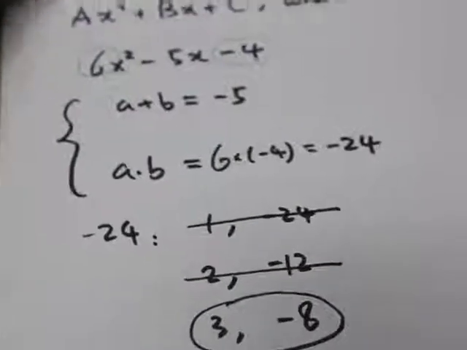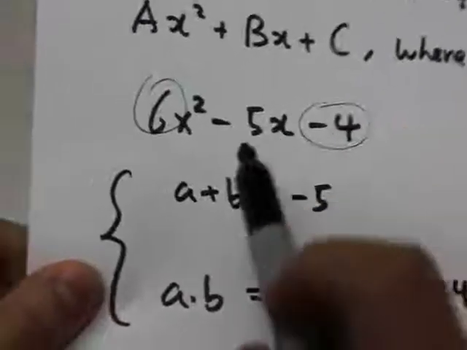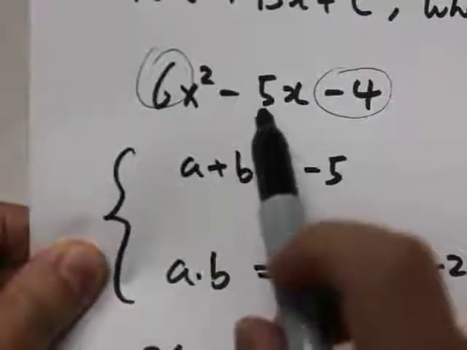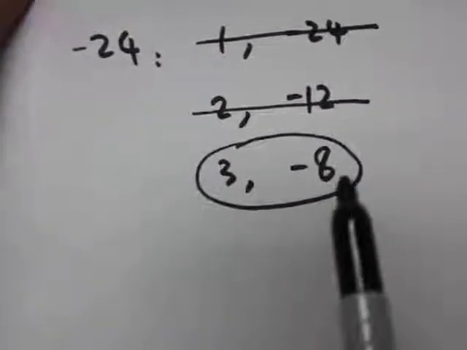Okay, now we have another change. After we found these two numbers, which are 3 and -8, in the next step, we need to split the -5x into the sum of 3x and -8x.